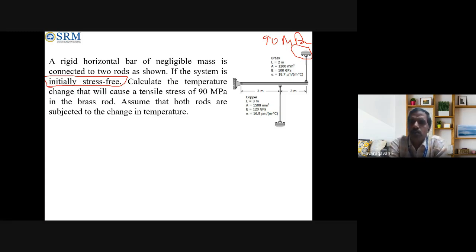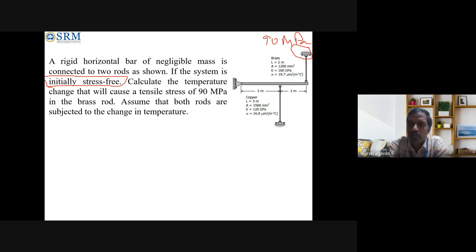We know in the question it is given that the stress in the brass bar is 90 megapascal. So from this, can you calculate what is the load acting in brass? The area is given. Area is 1200 mm². So stress is 90 megapascal.